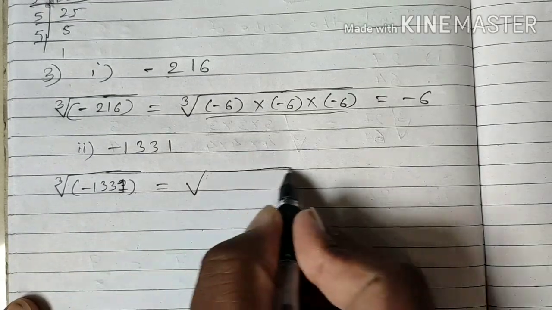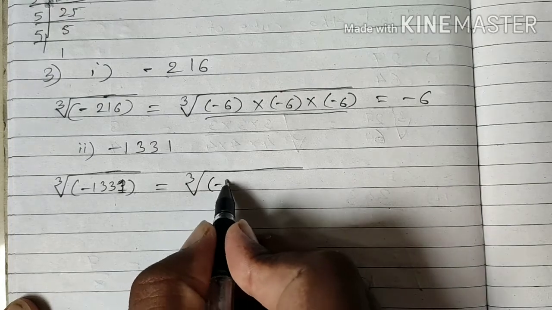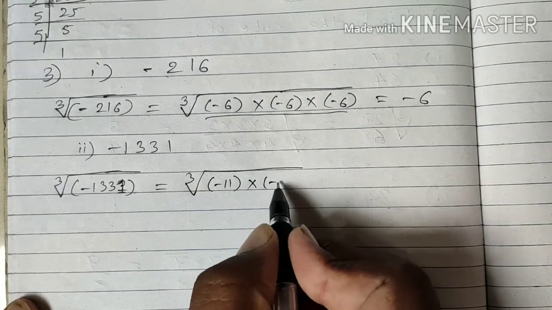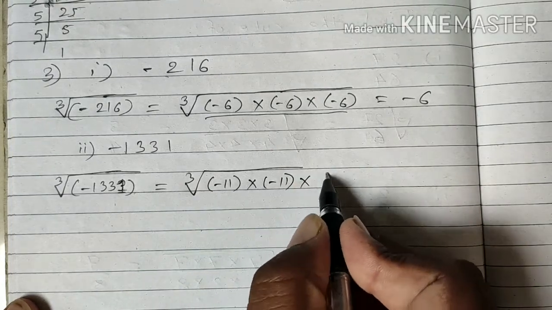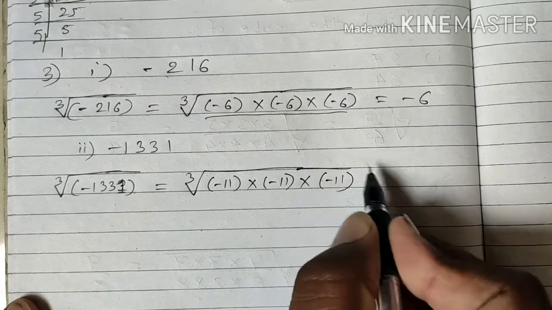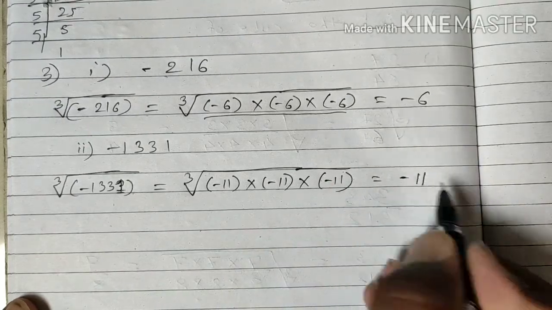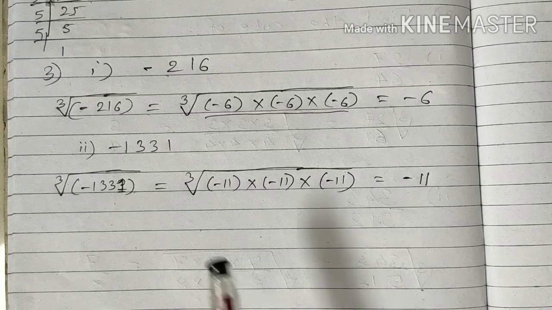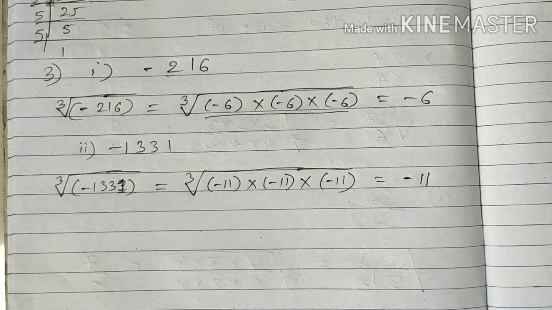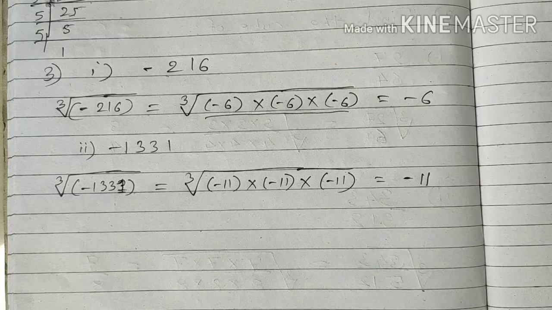And we know that this is the cube of 11, so the negative number will be the cube of minus 11. Okay. If you don't know whose cube that is, you can go for the prime factorization method. I hope all of you have understood this.